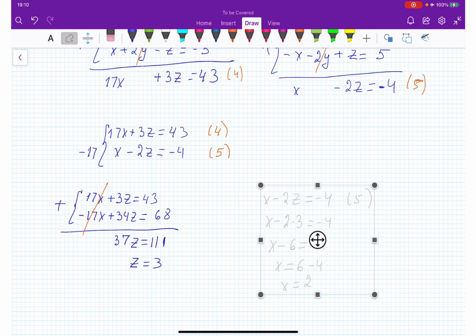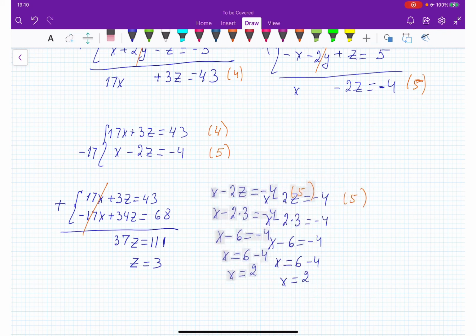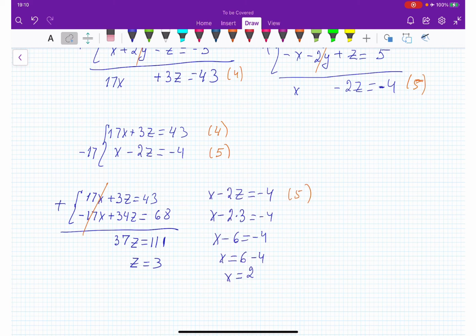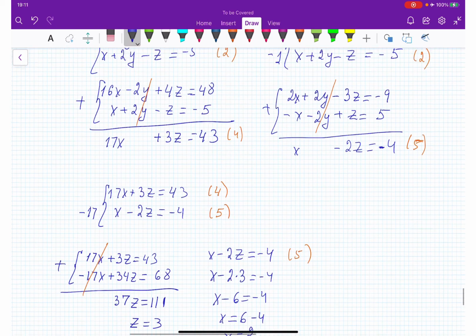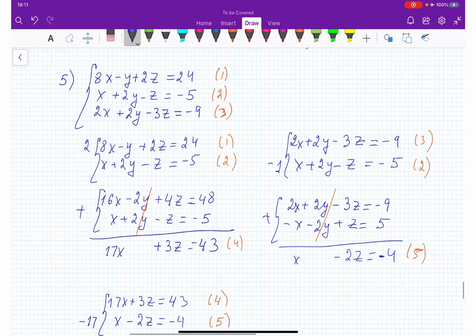Let me move this one also. So now I need to find y. To find y, which one do we want to use?